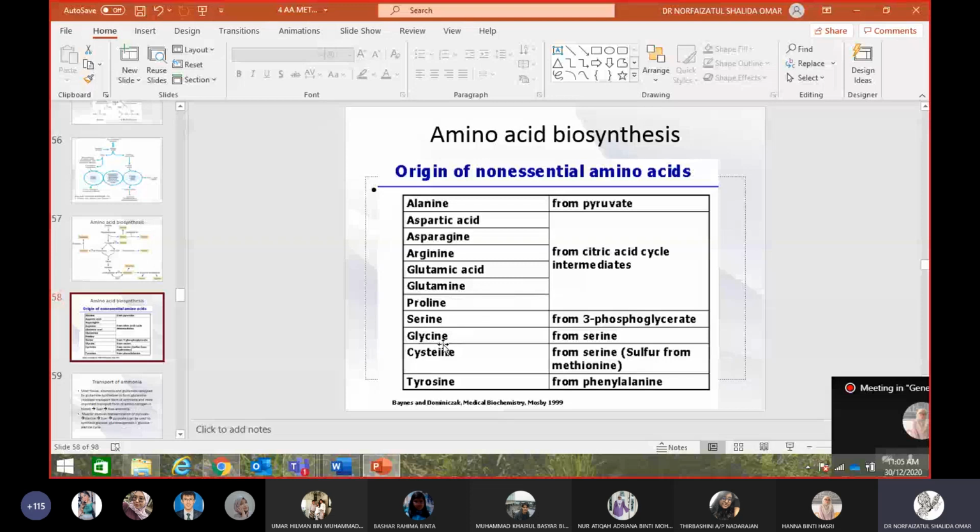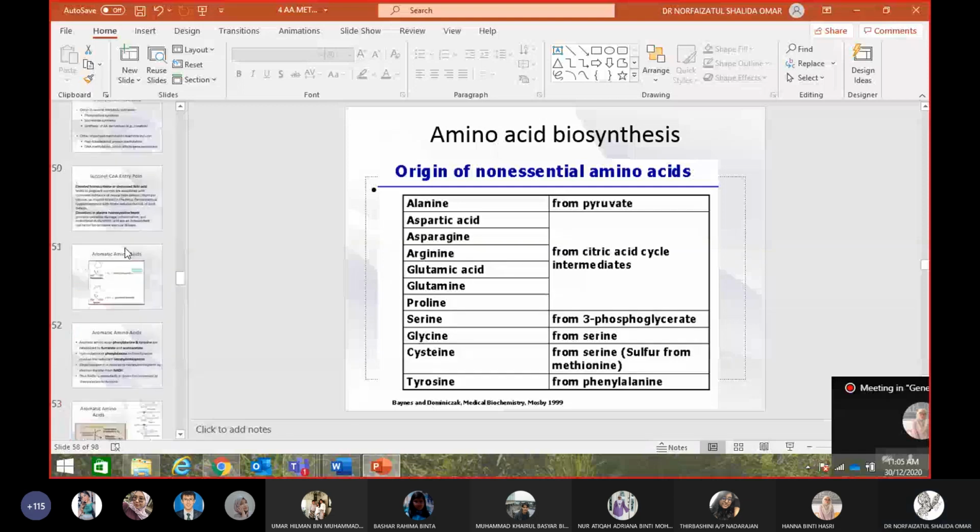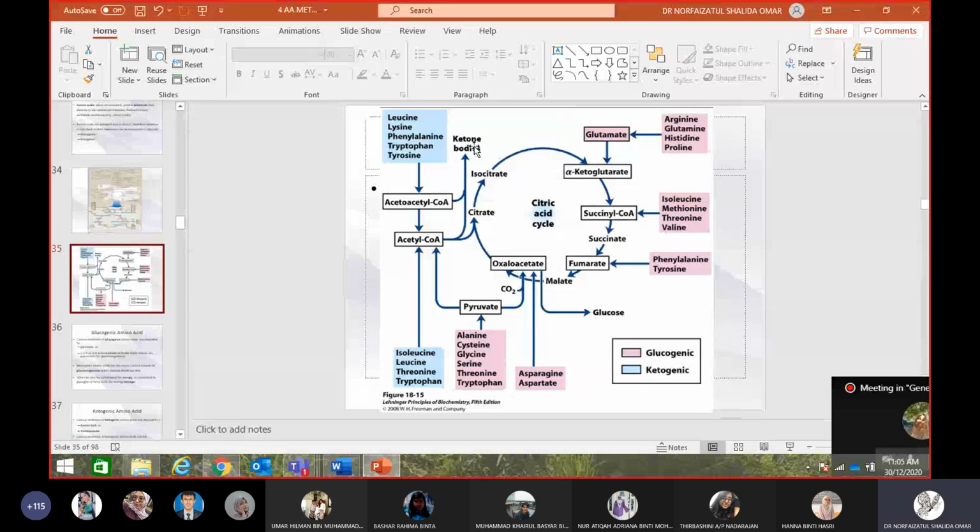Yeah, that's just straightforward. Any question on this? Other than these, amino acids are being utilized, and this is how they are utilized.